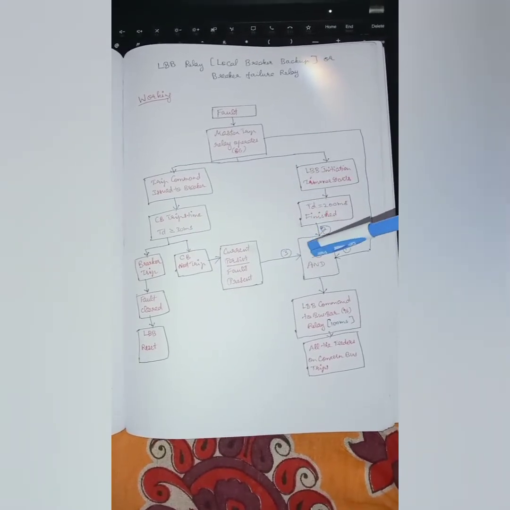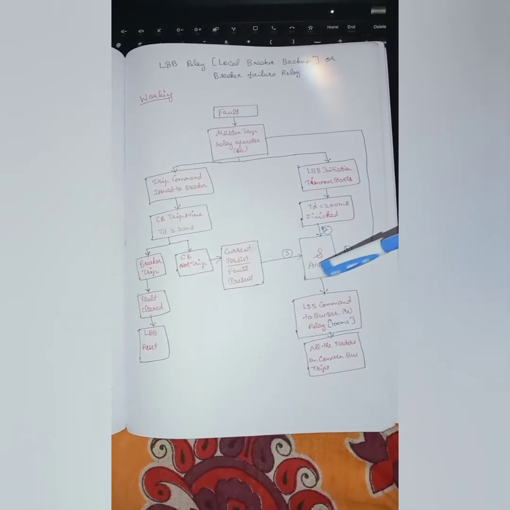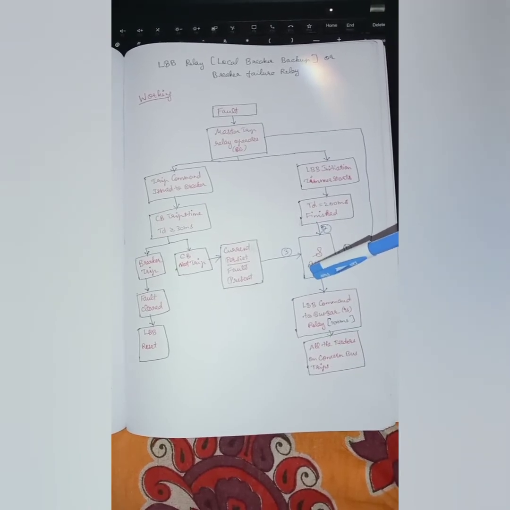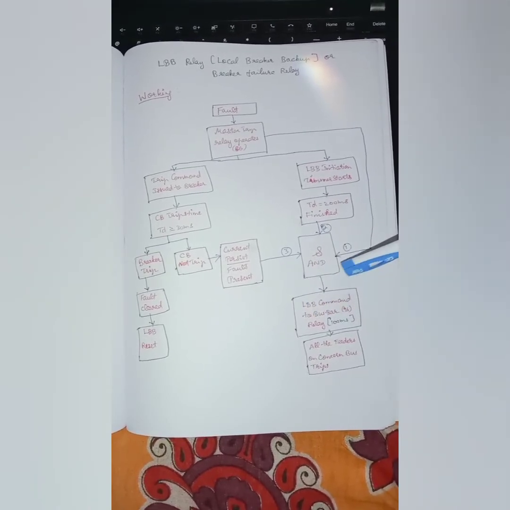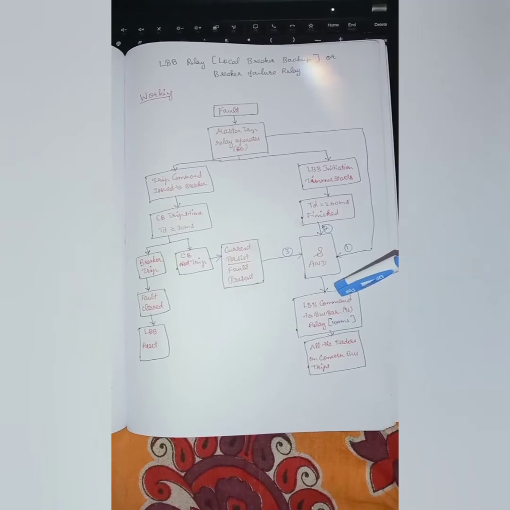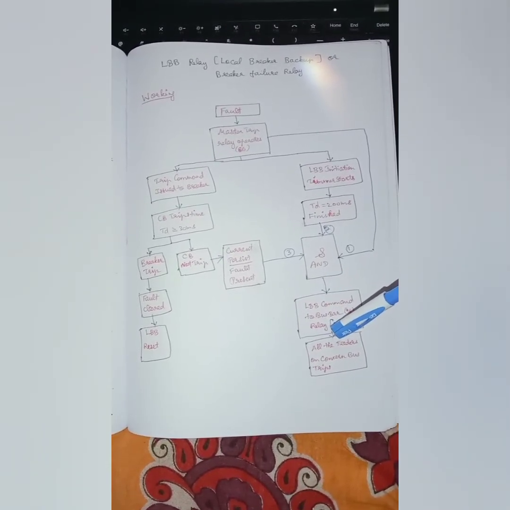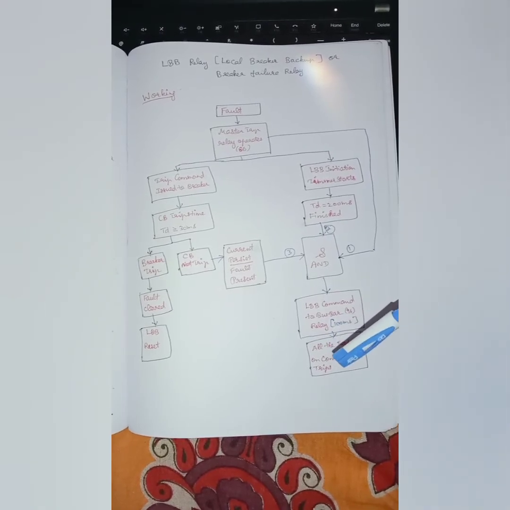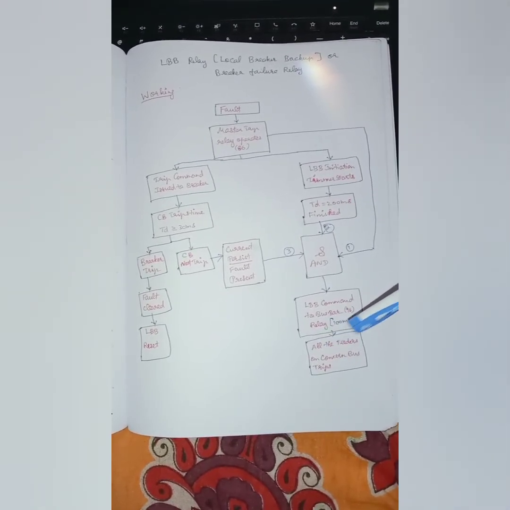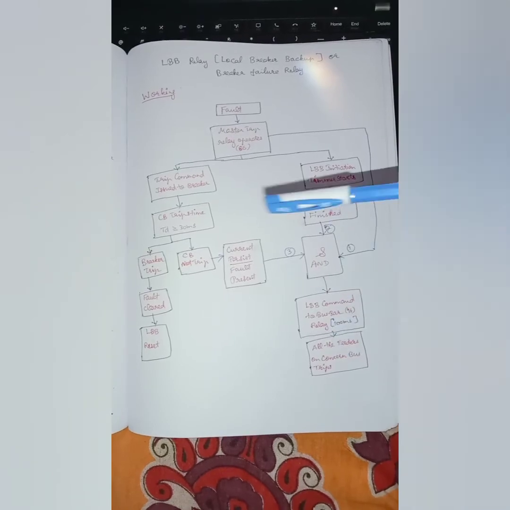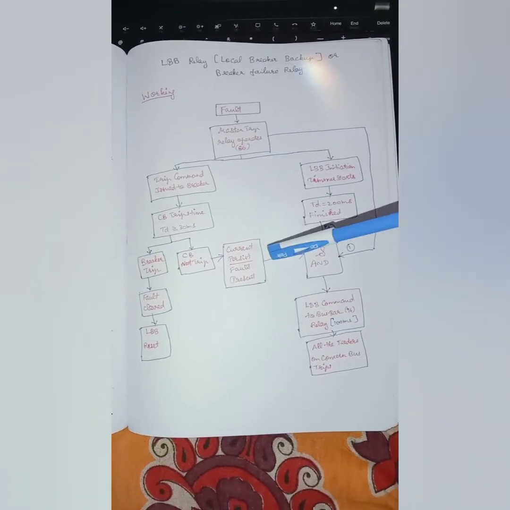So all three conditions will satisfy your AND gate logic, and it will initiate the LBB command to your circuit breaker, and automatically all the feeders connected to the concerned buses will get tripped due to this local breaker backup.